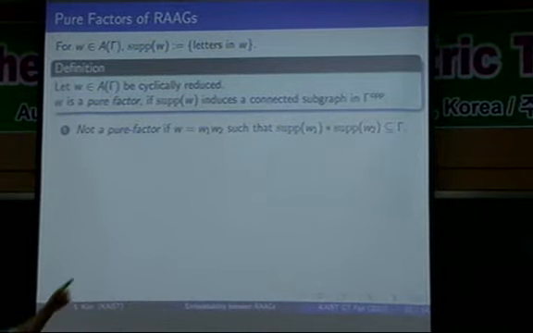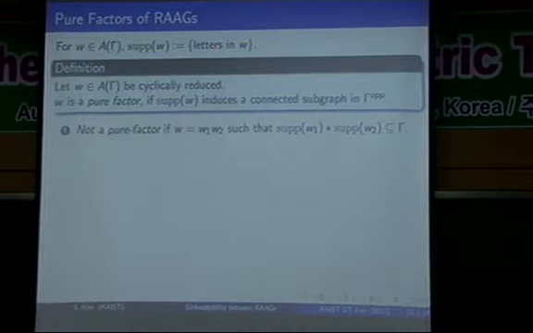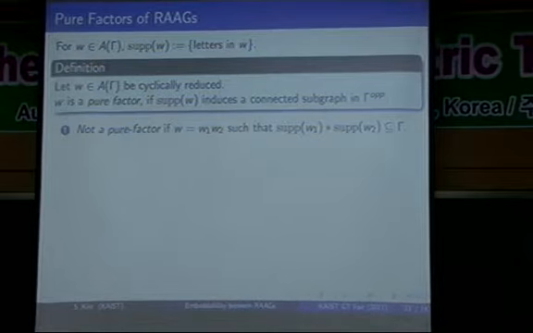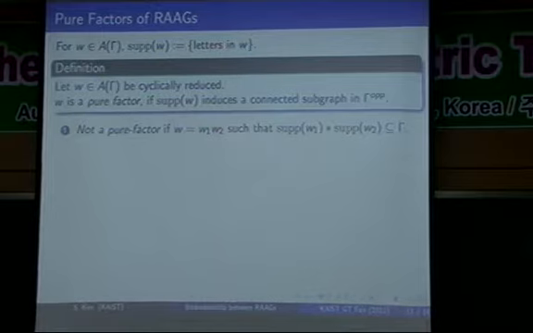Any vertex in the support of W, where support means basically the letters appearing in the word, so in other words, any vertex in W1 is adjacent to any vertex in W2, or W1 and W2 are powers of a certain word, a common root.